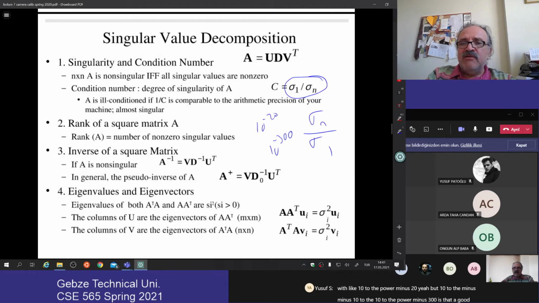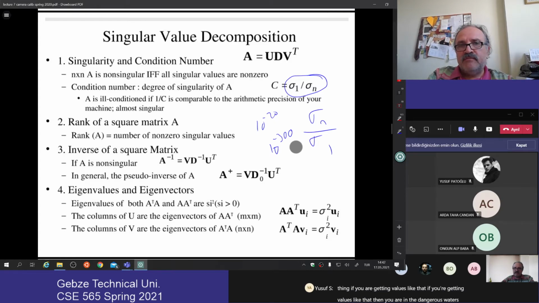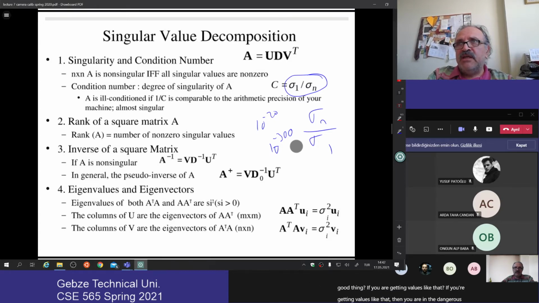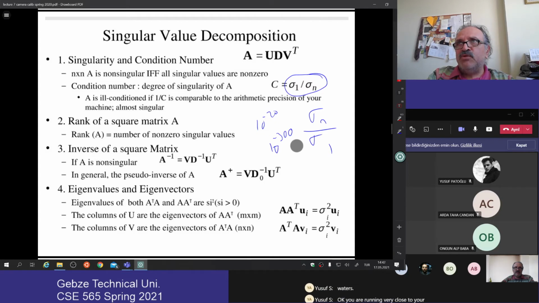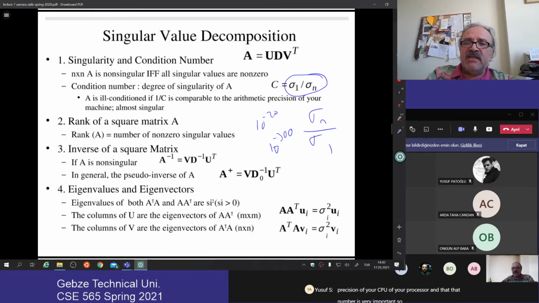If you are getting values like that, then you are in dangerous waters. You are running very close to the limits of arithmetic precision of your CPU, of your processor, and that number is very important. So always check this number.